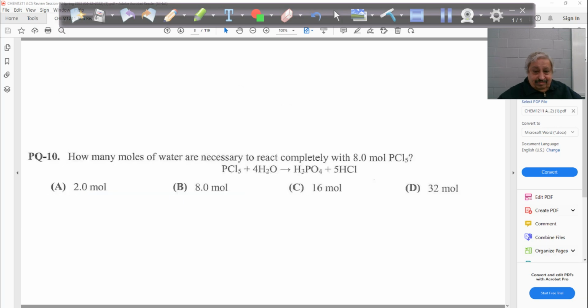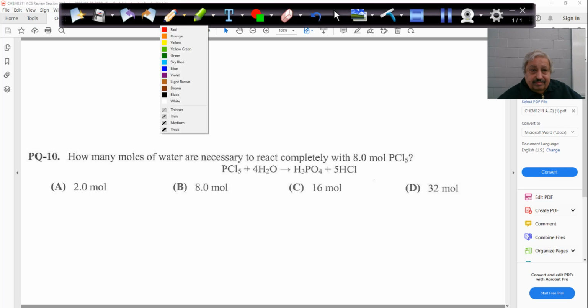Okay, that's good. So now this is the same thing here. How many moles of H2O are necessary to react completely with 8 moles of phosphorus pentachloride? So you tell me how to do it. We did it before. You start with whatever is given to you. This is given to me here.